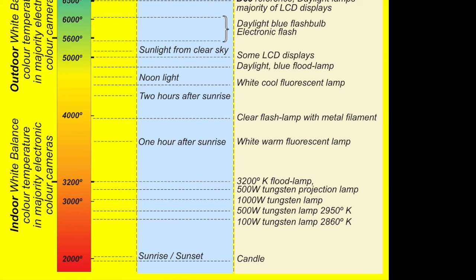Electronic cameras do white balance correction, as we said earlier, and this is the first important color temperature to remember for us in CCTV at least. 3200 Kelvin approximately is the preset for indoor white balance on some cameras. That is a setting that you can access in most cameras via the menu.